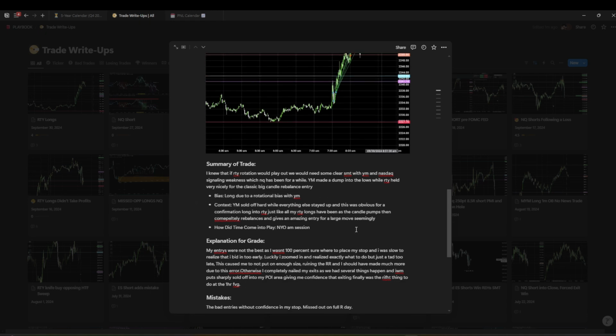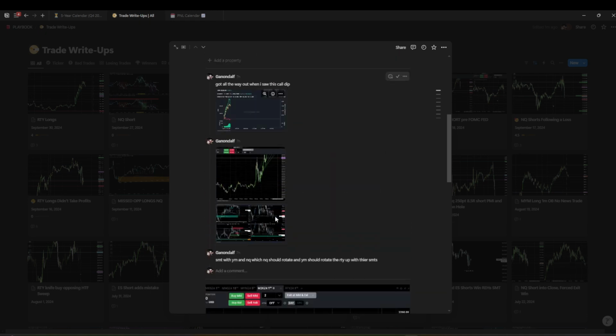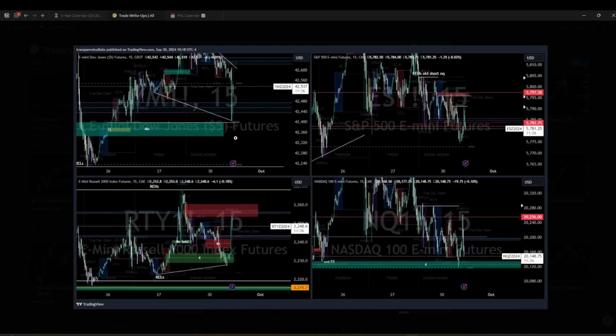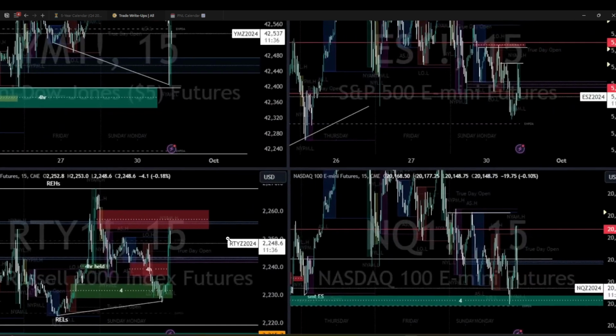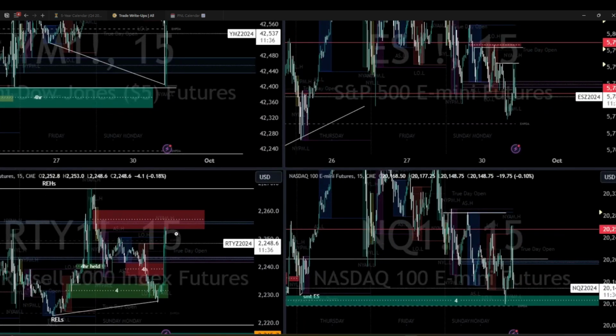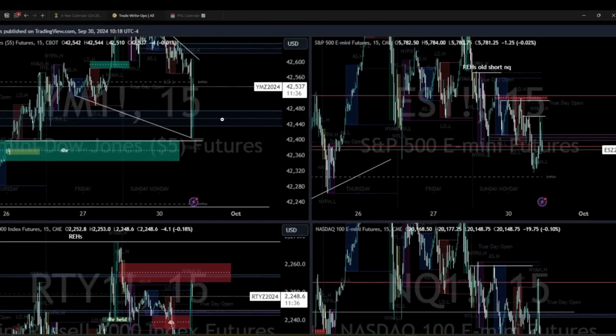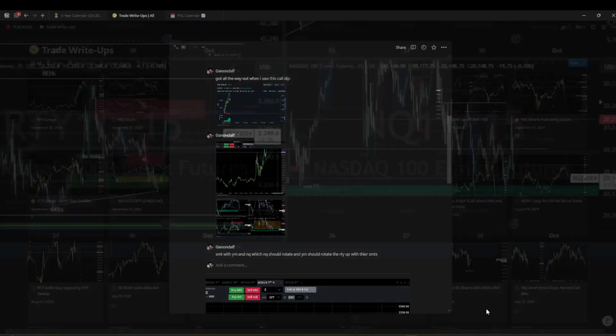Grid 4-hour trade. Here's the indices here. You can see Russell rejecting here into the 1 hour. So there's that little wick into the 1 hour for a value gap. And we had already started to take out some highs, giving us a reversal look.